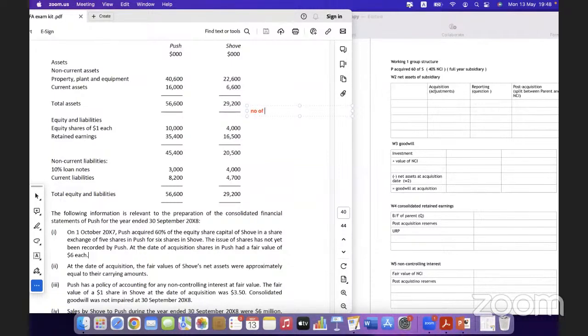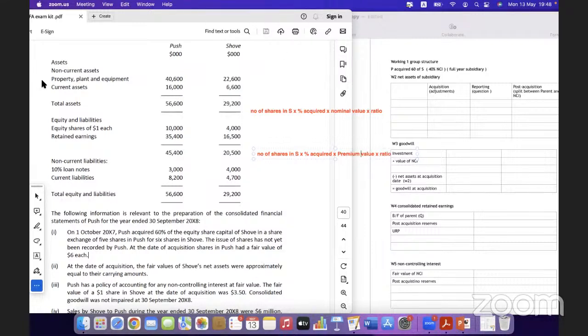Number of shares in subsidiary, multiply that by percentage acquired, multiply that by nominal value, and that you multiply by the ratio. Then you have to do the same thing once again: number of shares into the ratio, but this time rather than nominal value, we multiply with the premium value.